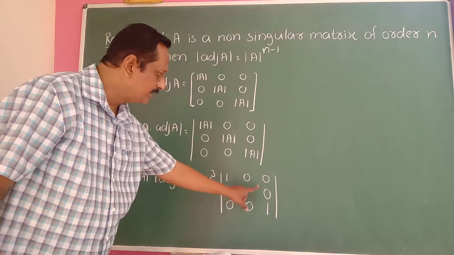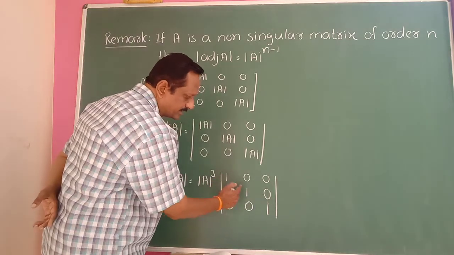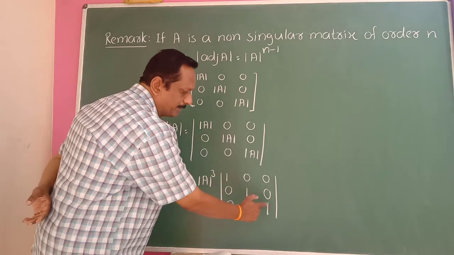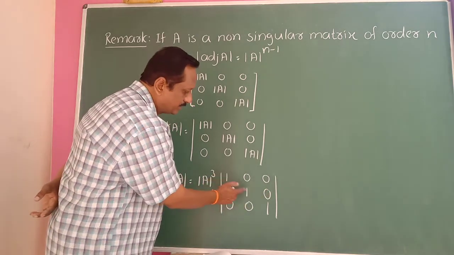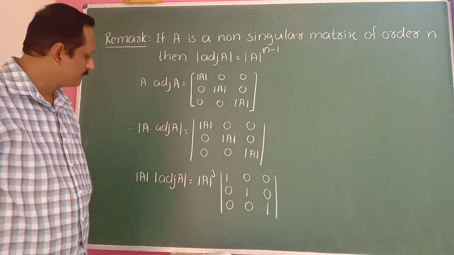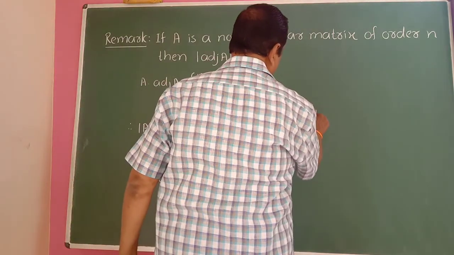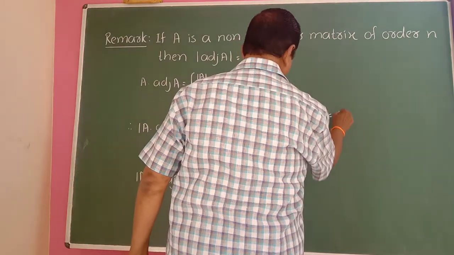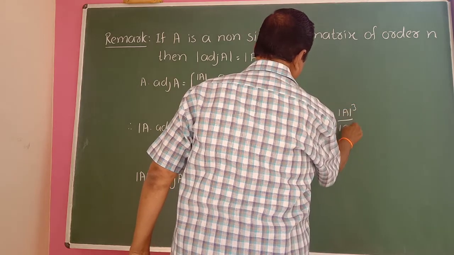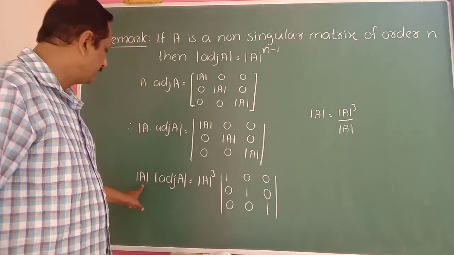The value of this determinant is 1, because these are diagonal elements and the other side of the diagonal elements are 0, so multiply the diagonal elements: 1 into 1 is 1, 1 into 1 becomes 1. So the value of this determinant is 1. Take this term to the right hand side. Therefore determinant of A is equal to determinant of A whole cube divided by the determinant of adjoint of A.